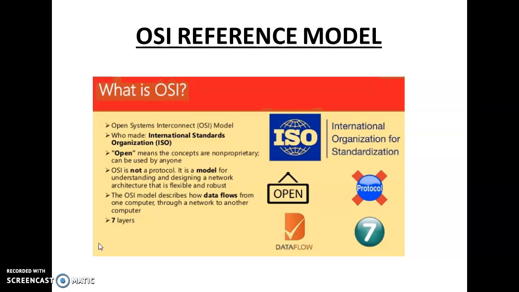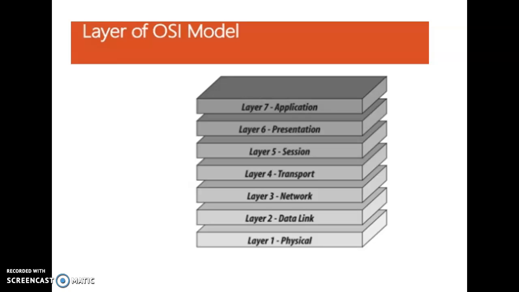This OSI reference model communicates through 7 layers. Those 7 layers are layer 1 physical layer, layer 2 data link layer, layer 3 network layer, transport layer, session layer, presentation layer and application layer, which means the computers or the communication following the OSI reference model's basic rules will allow the data to flow.